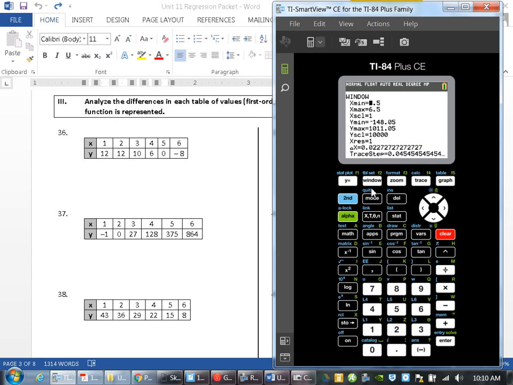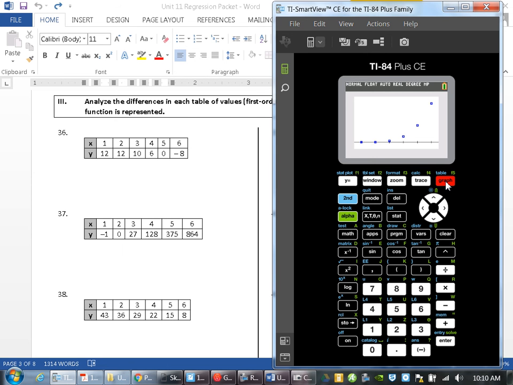Then you have to think about it, go back and start messing around. Mr. Murphy, what'd you put in the L3 to test it? I put natural log, because to me right now the graph looks like it would be exponential.